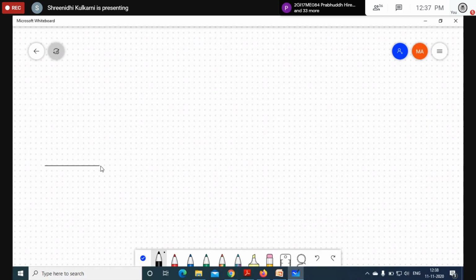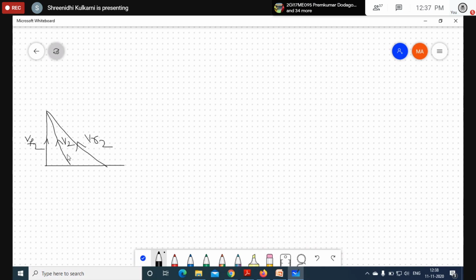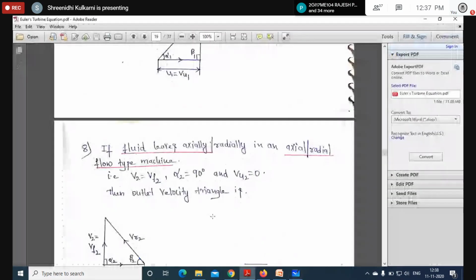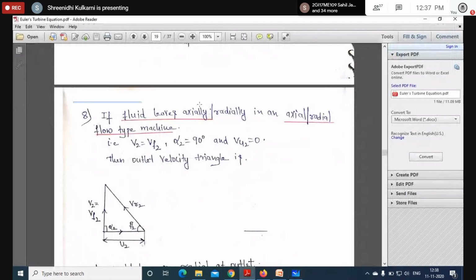So once again I'm going to draw the outlet velocity triangle. I'll call this VF2, this V2, and this VR2. So alpha 2 and this is beta 2. I'm going to take this condition here.